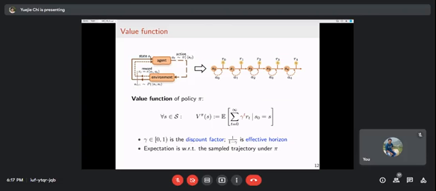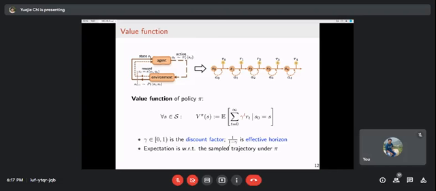And because the reward function is bounded between 0 and 1, if you think of this as a geometric sequence, you can immediately see that roughly after the time step 1 over 1 minus gamma, the reward that is collected at that time essentially carries minimal bearing to the agent.